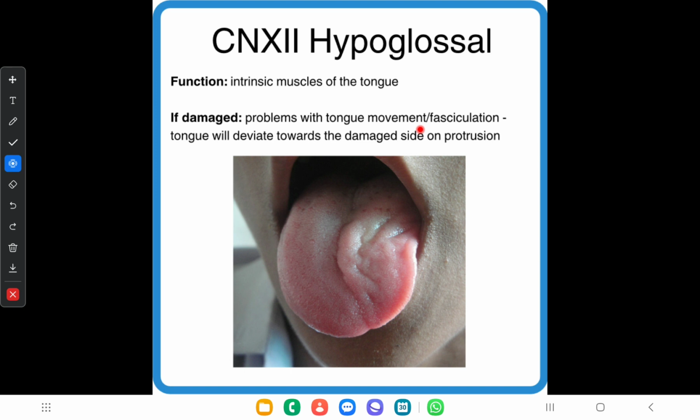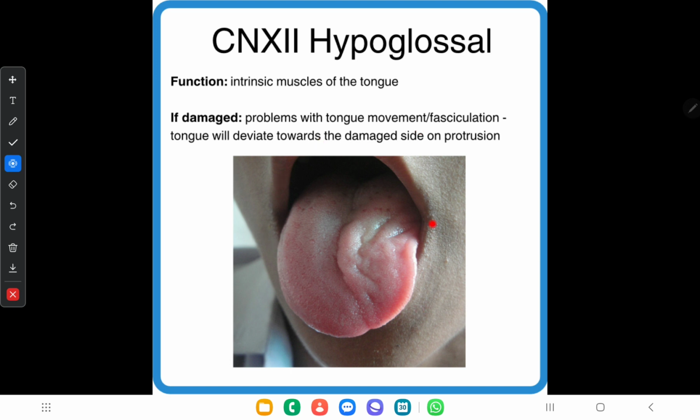In upper motor neuron lesion, the hypoglossal nerve nucleus is normal, but there is paralysis of the muscles of the side opposite to that of the lesion. Hence, on protrusion of the tongue, it deviates to the normal side. Imagine this is an upper motor neuron lesion.